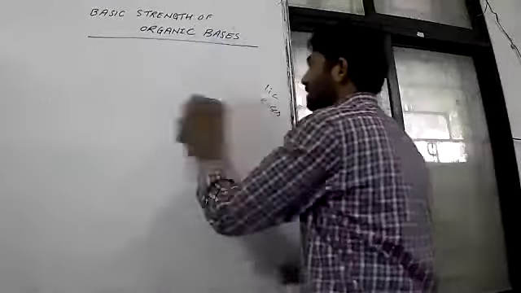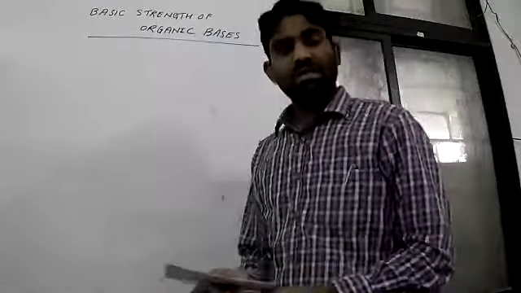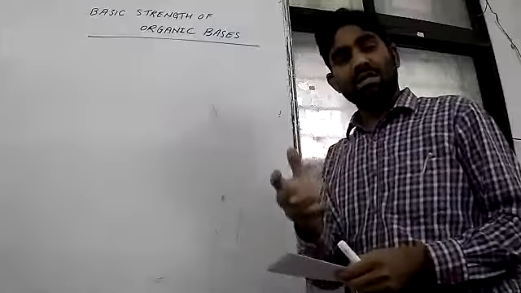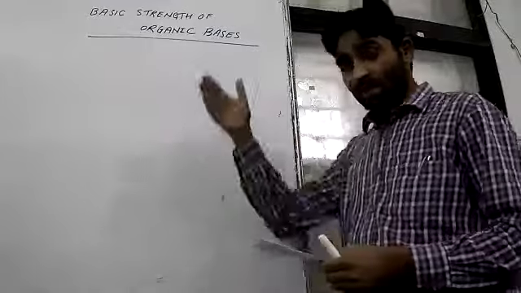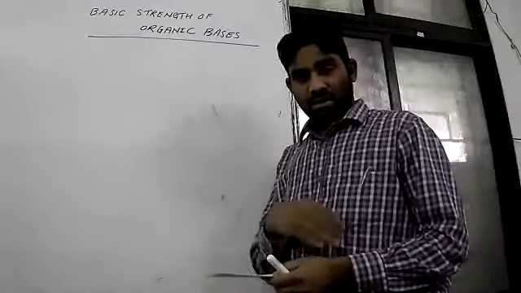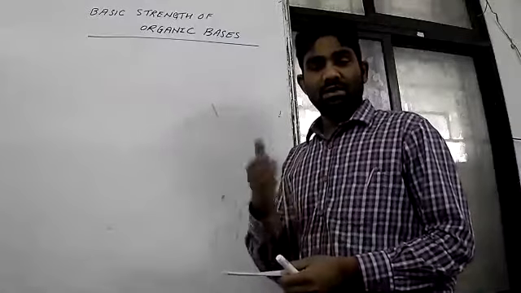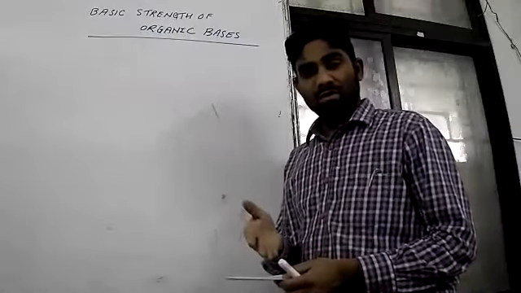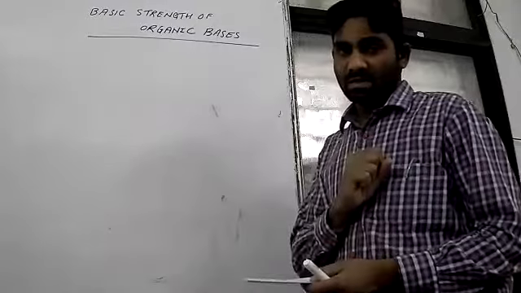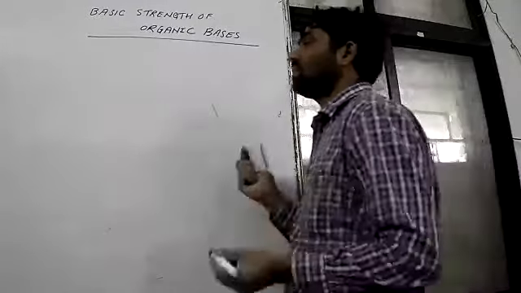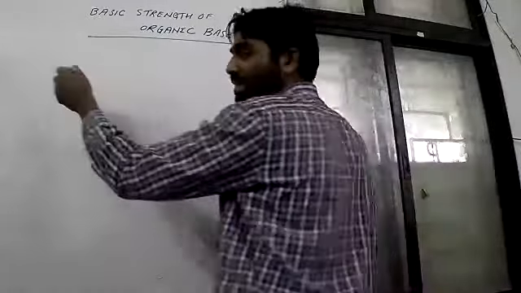To understand the overall idea of the basic strength of any compound, there are certain factors responsible for basic strength. So you write them one by one: factors affecting the strength.